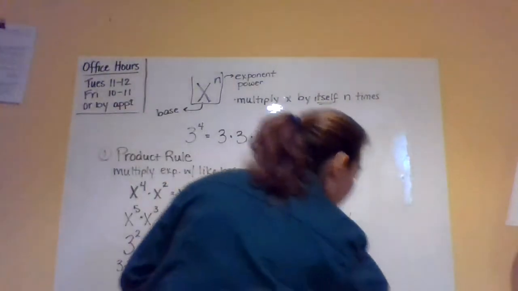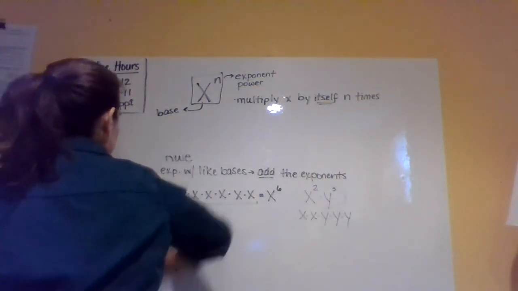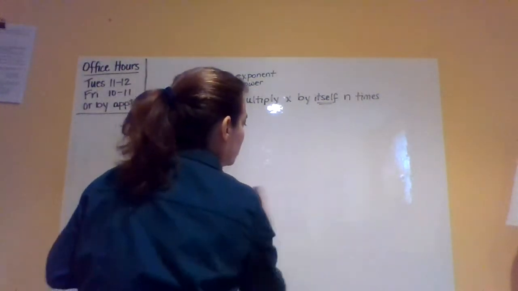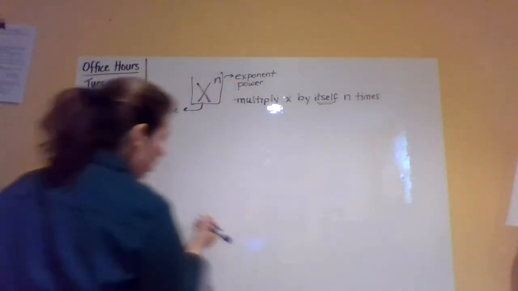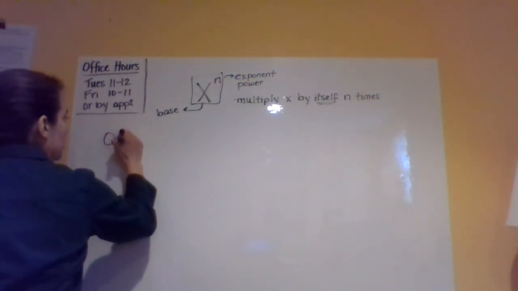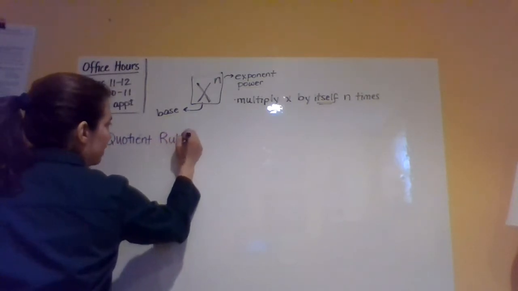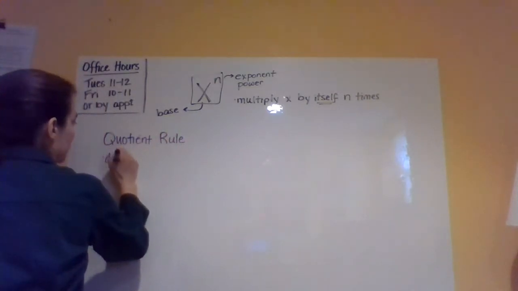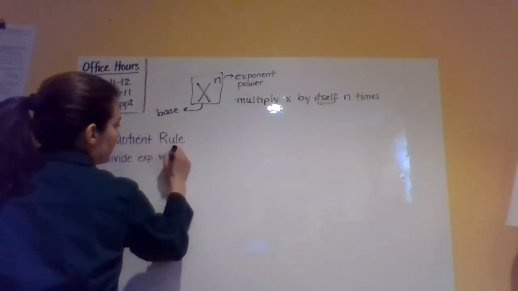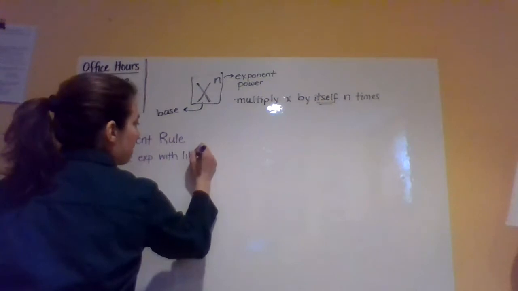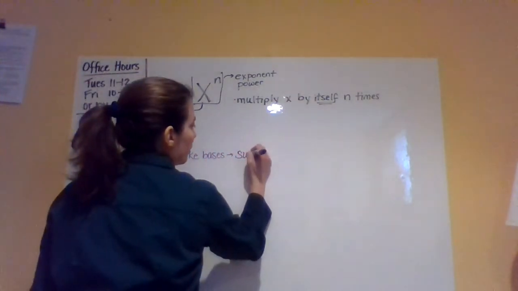Okay, so as I'm erasing here, go ahead and look at the second part, the quotient rule. Quotient rule says kind of the opposite, that when we divide expressions with like bases, we subtract the exponents.